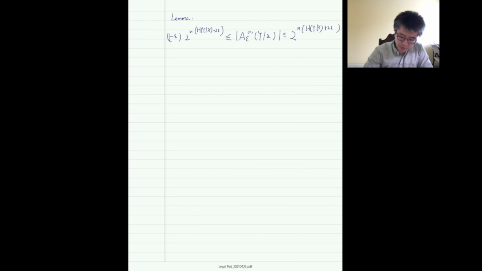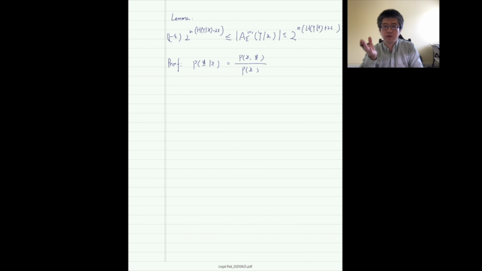So let's prove this lemma. In order to prove this lemma, because now everything is y given x, we need the conditional probability, which is this. Let's compute it. By using Bayes' rule, we get this. And because x and y are in the typical set, and x is also in the typical set, we can have a lower bound for this.